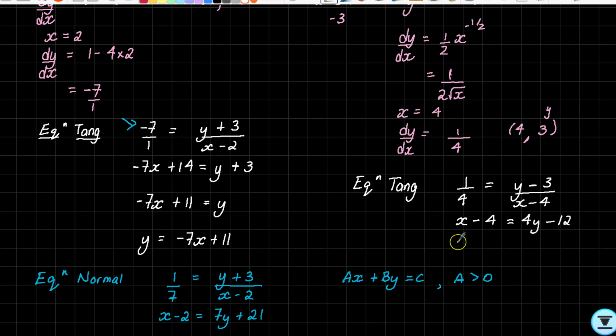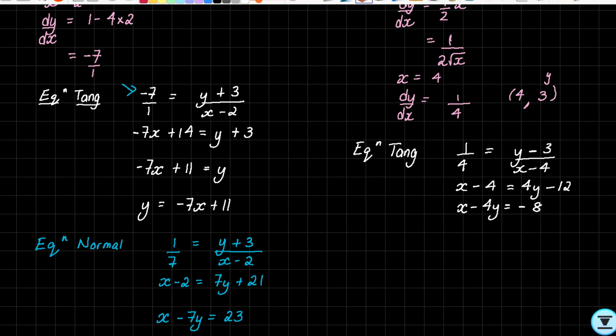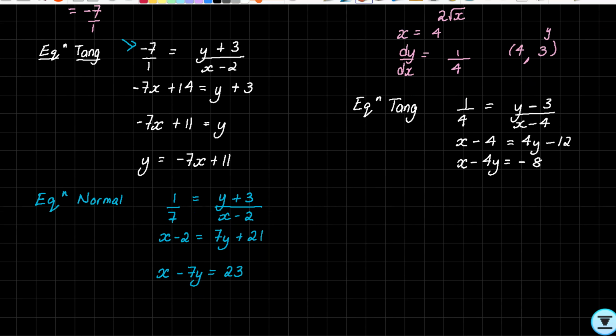If they asked you to find the equation of the normal, now remember they're not in this case, but question 2 will. So to find the equation of the normal, we are going to flip and reverse, so find the negative reciprocal of 1/4. So that's going to be minus 4 over 1. And we do the same thing.